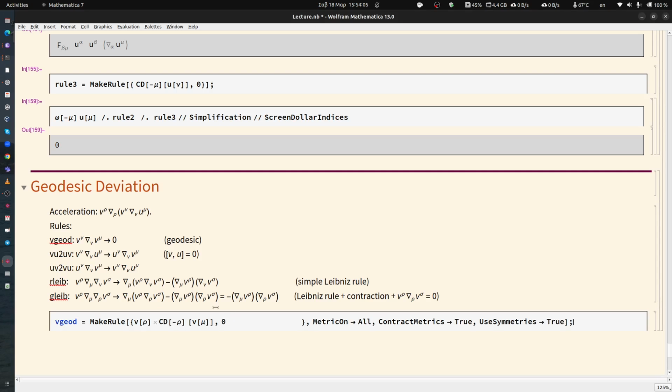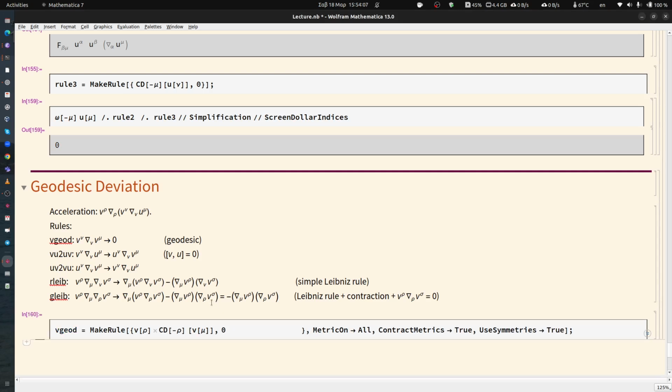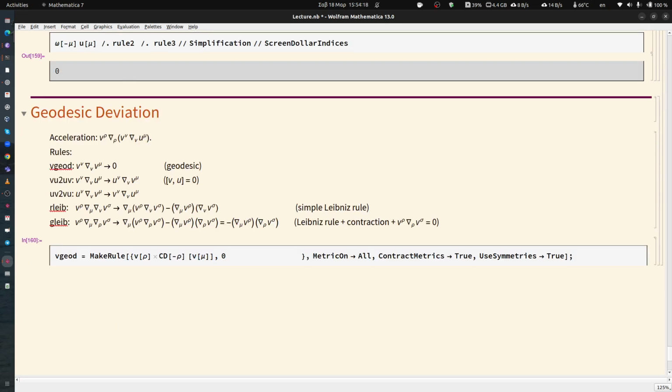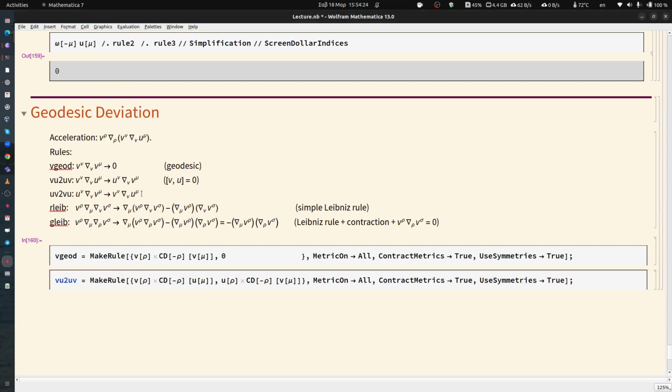So that is the rule V geod. That replaces V dV by 0. That is the first equation here. That is this replacement. Now the rule that involves the commutator of V and U replaces V dU by U dV.